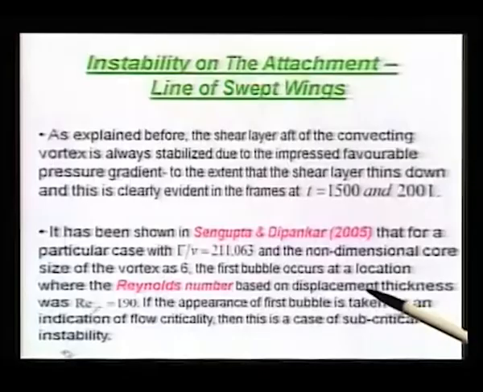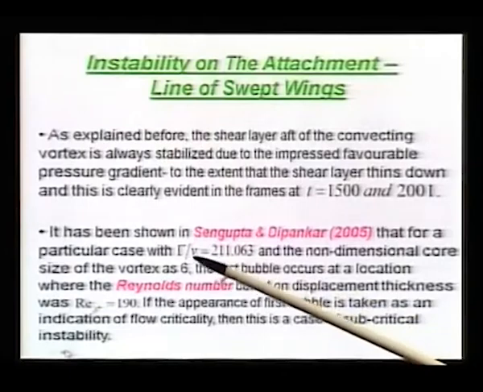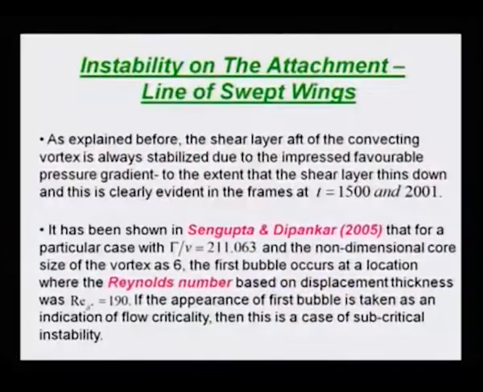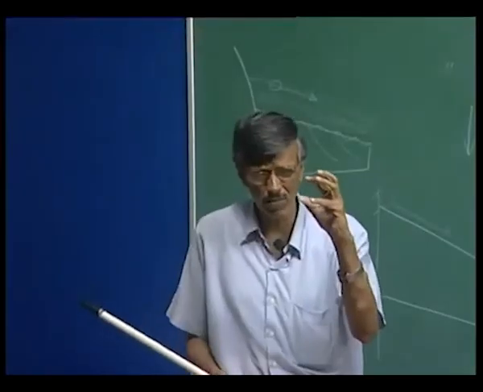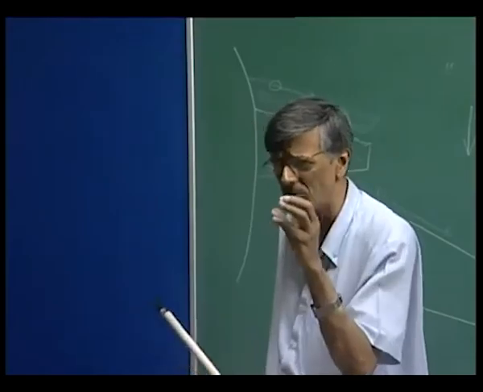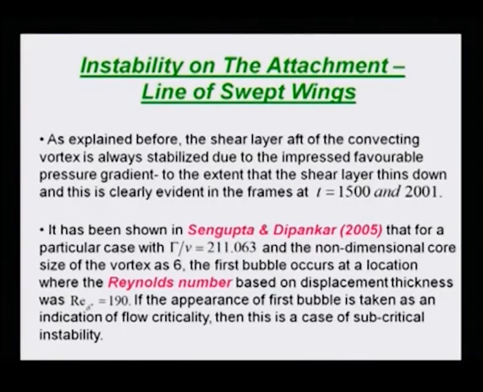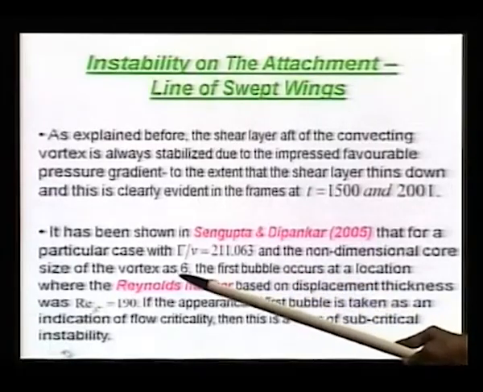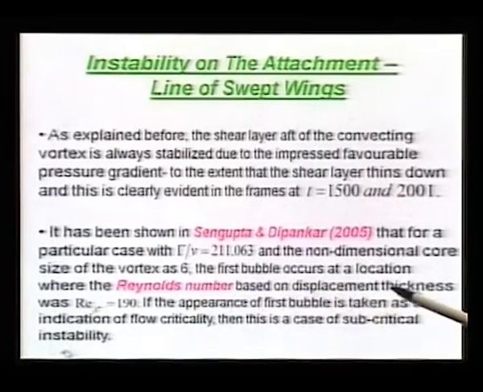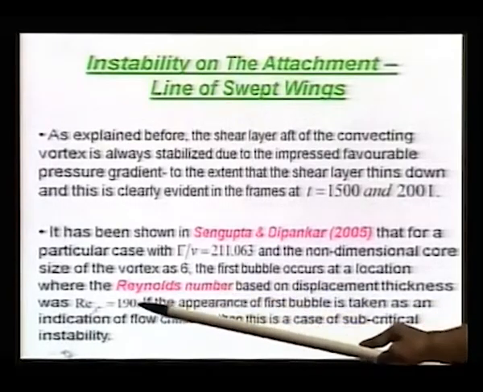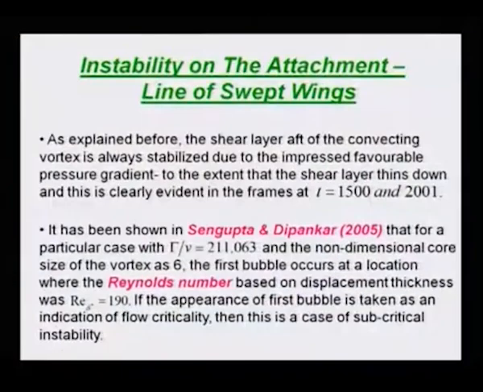So, basically what it is, you can see that again these are finite core vortices, these are viscous vortices, those are going, and the non-dimensional core size is okay, and the first bubble occurs at a location where the Reynolds number is basically about 190 based on delta star.